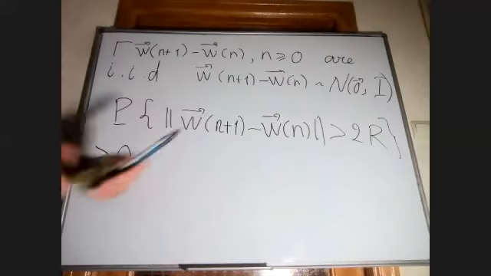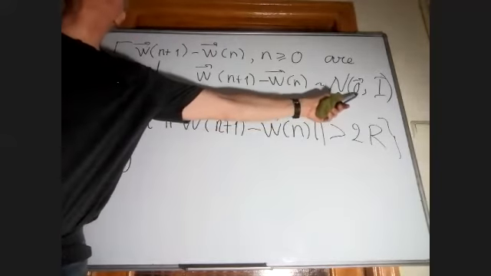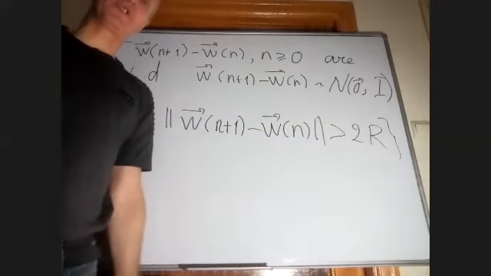You remember that a Gaussian vector with such parameters has a positive density.